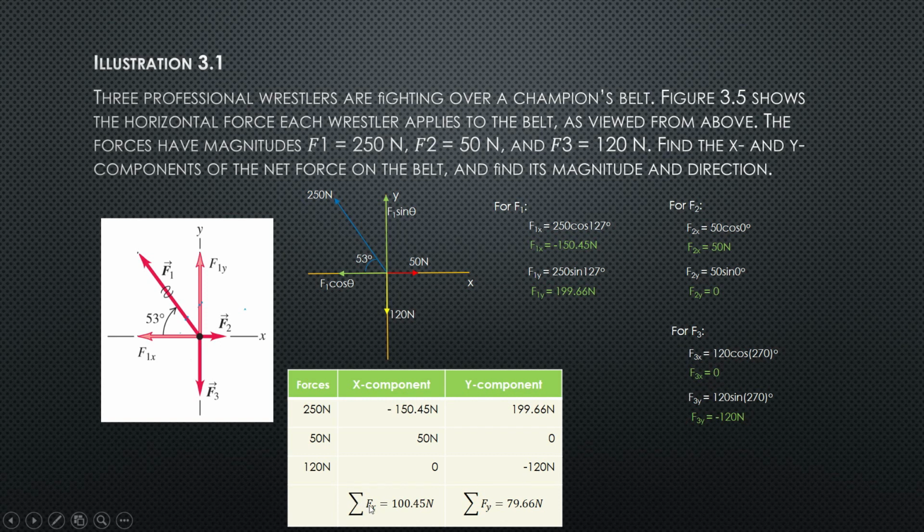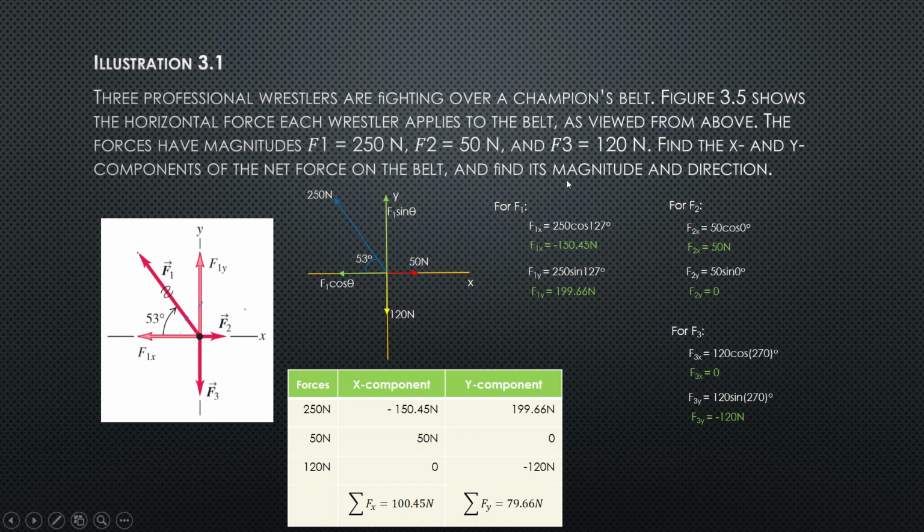Then the summation of forces along the x component will be negative 150.45 plus 50 plus 0. You'll get an answer of negative 100.45 newtons. Same goes with the y component: 199.66 plus 0 plus negative 120, you'll get 79.66. So these are the answers for the x and y components of the net force.